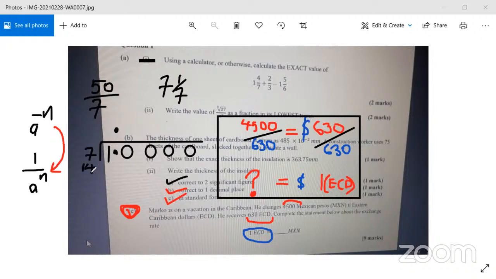So we'll have 14, we'll have 21, we'll have 28, we'll have 35, we'll have 42, we'll have 49, 56, and then 63. And finally, we have 70.